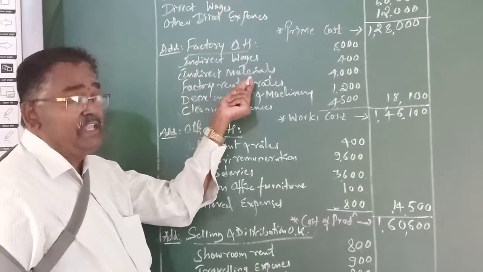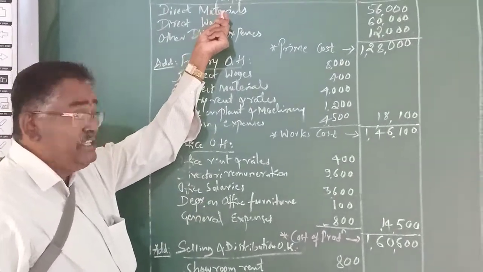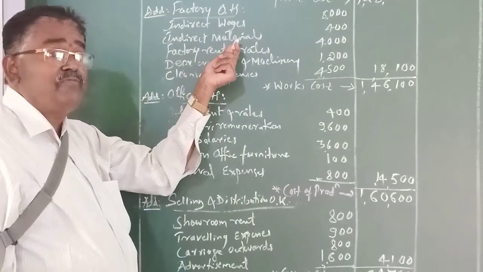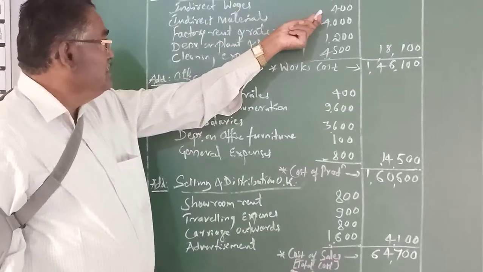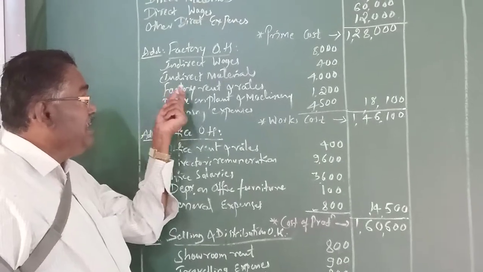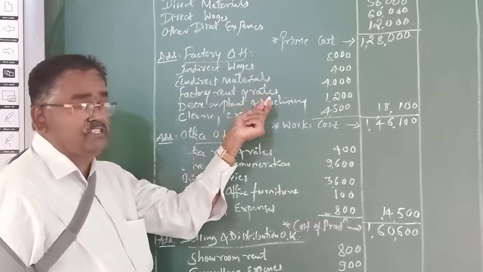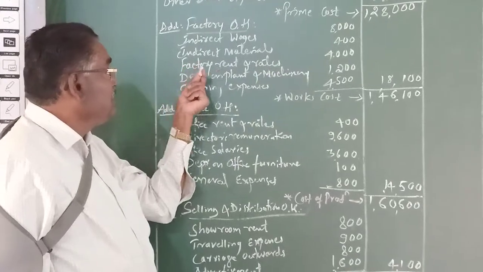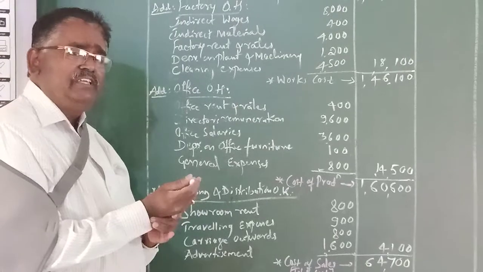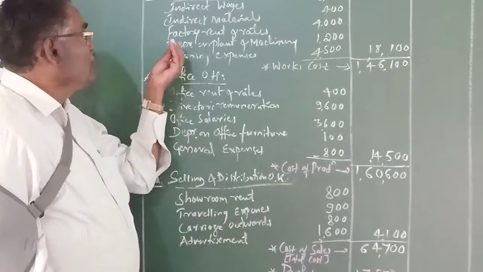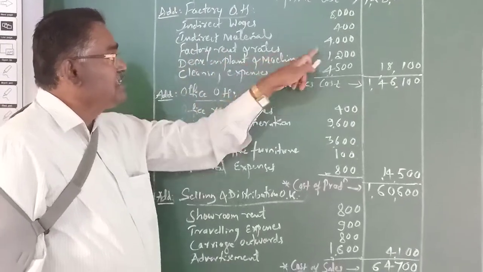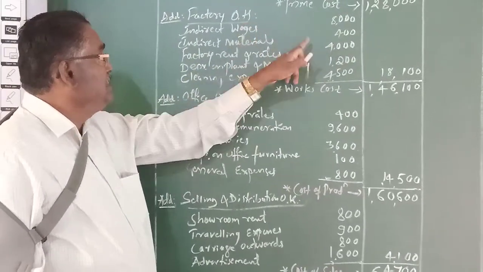Then indirect materials, which are incurred at the time of manufacturing, are taken in this factory overhead, rupees 400. Then factory rent and rates 4,000 are taken under this head also. Any factory rent, factory insurance or other factory expenses incurred are taken in this head.